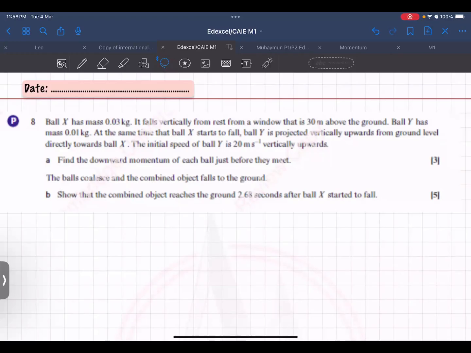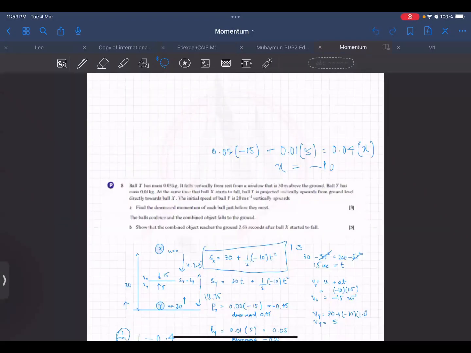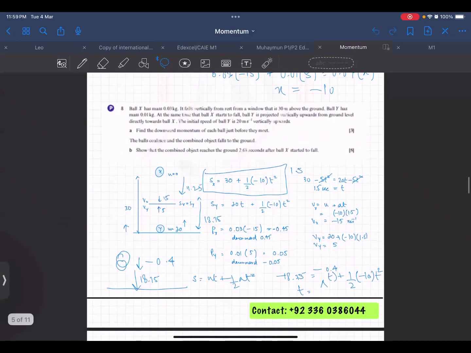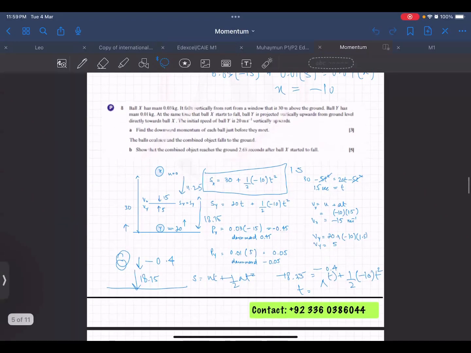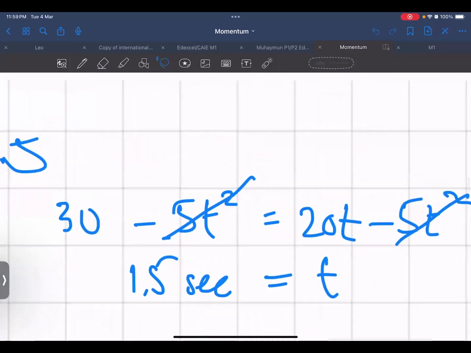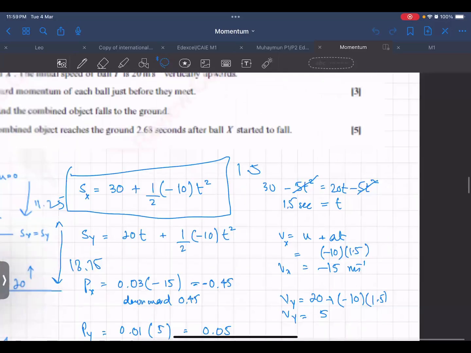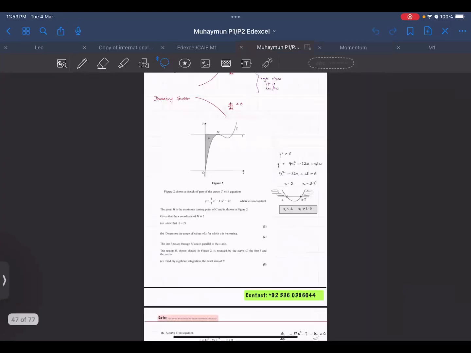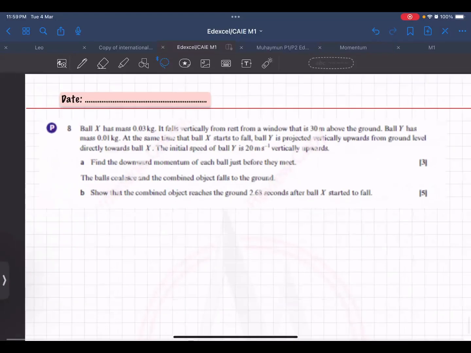Nice. What is the time that you're getting? 1.5. 3 by 2. Time is 1.5 seconds. Good.